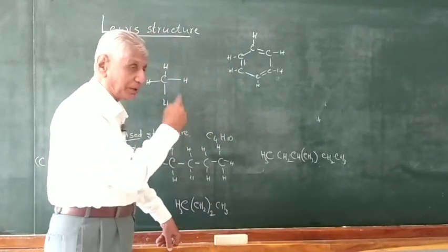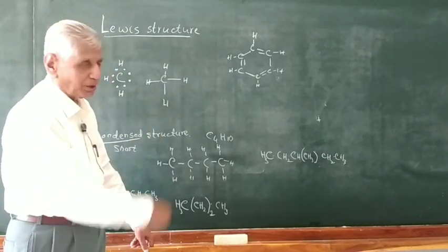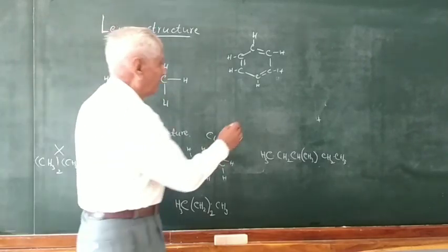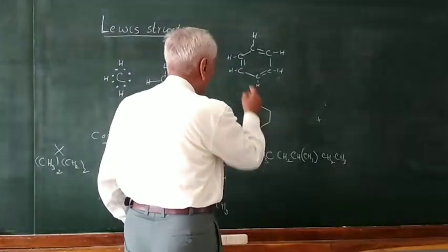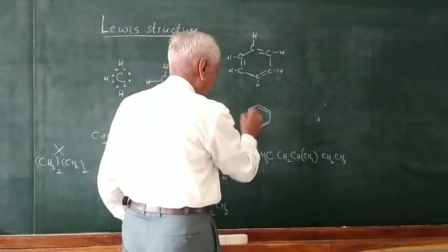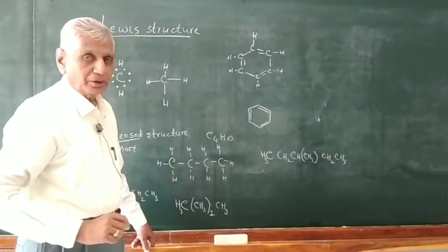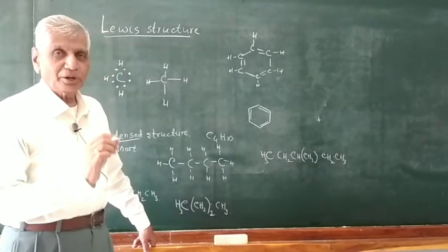I think I'm coming to this a little later. So this can also be written in the condensed form, where you write it in this form. A double bond is there, put a double bond, double bond. Here you have not written the atoms, you have written only the bonds.